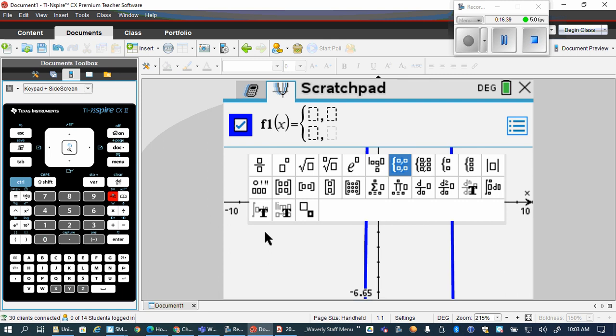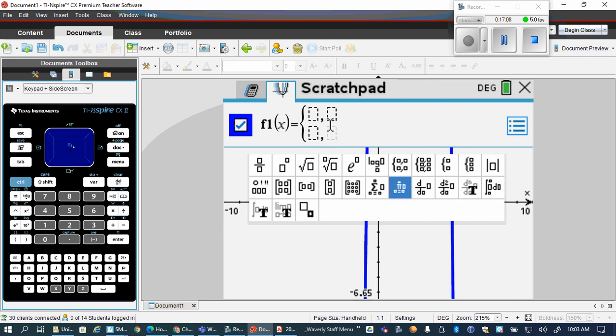Press that button next to the 9. Exactly. Okay. How do you use the greater than? Control equal. Right? All right, so let's get some stuff in here.